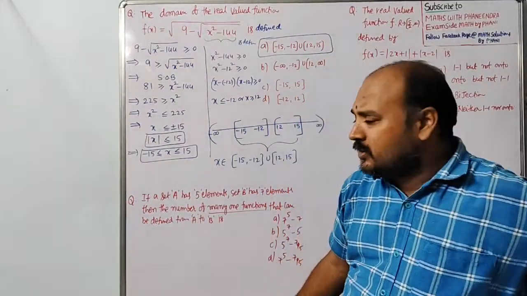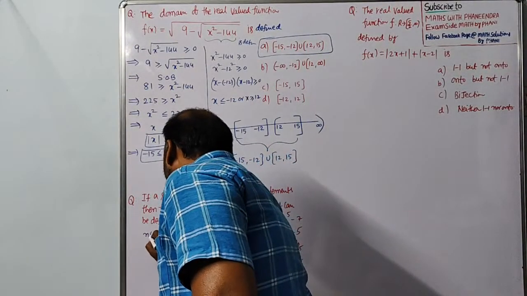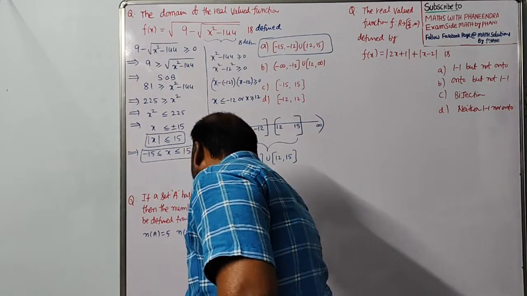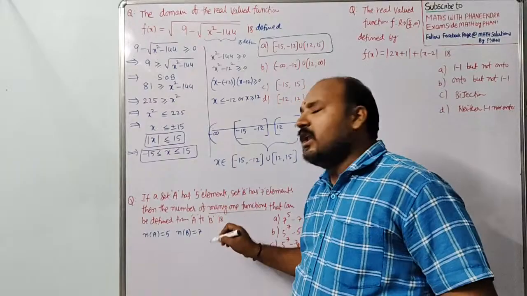Now come to here. This is a standard question. N of A is equal to 5 elements. N of B is equal to 7 elements. So first they are asking to find many one functions.